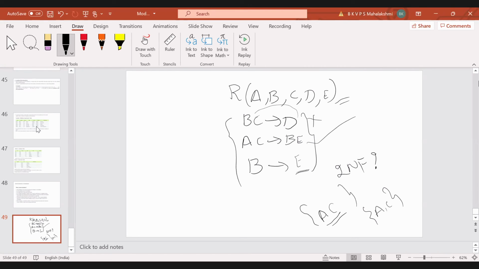At first, we have to identify the candidate keys, and among the candidate keys, we should tell what the prime attributes are.